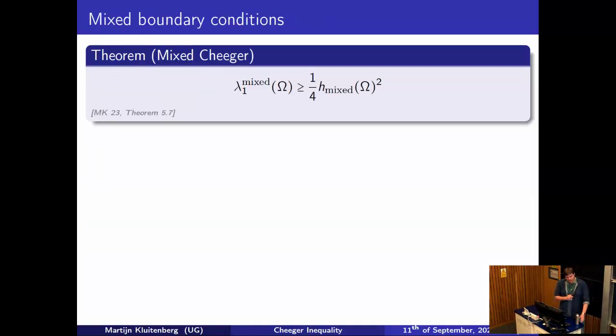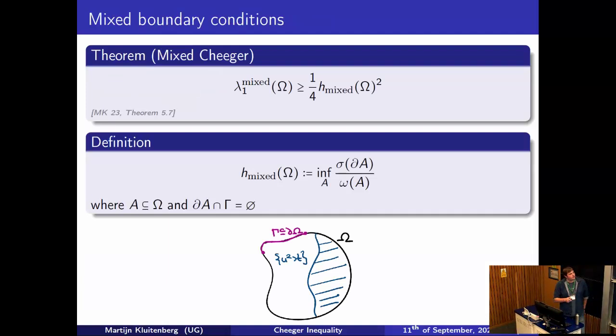Now I move to mixed boundary conditions. Maybe it's not a surprise, but you have exactly the same case for mixed boundary conditions. The only difference is how the Cheeger constant is defined. You have to have a test set whose boundary doesn't meet gamma. Gamma is here the part where Dirichlet boundary conditions are enforced.